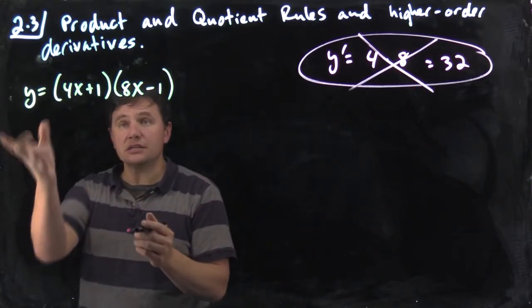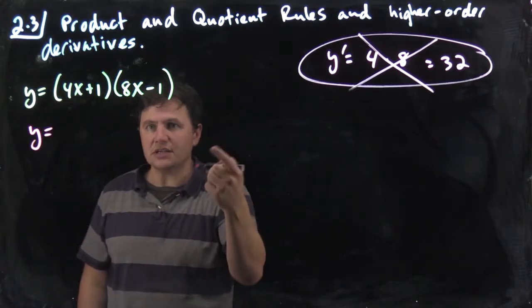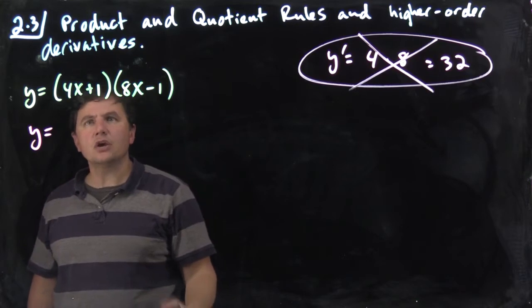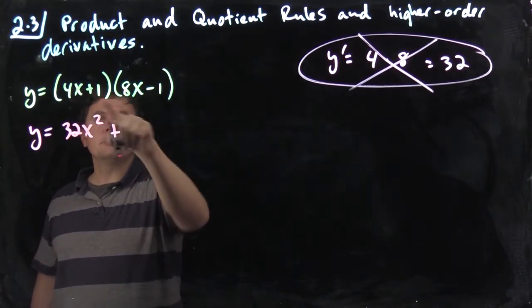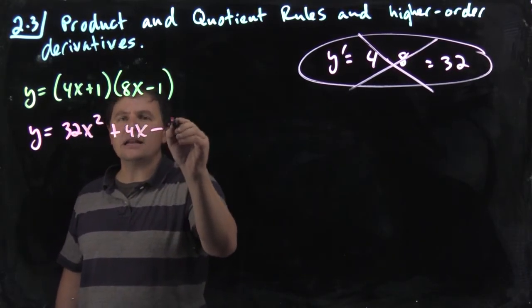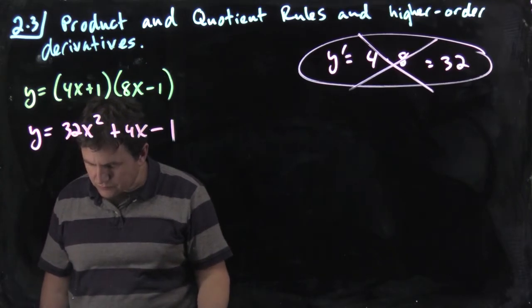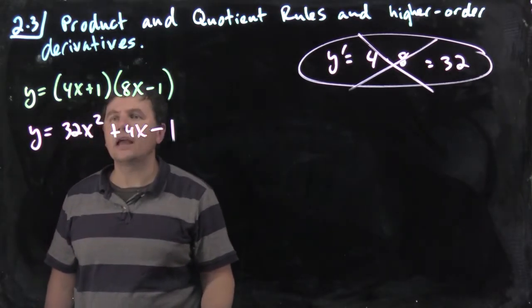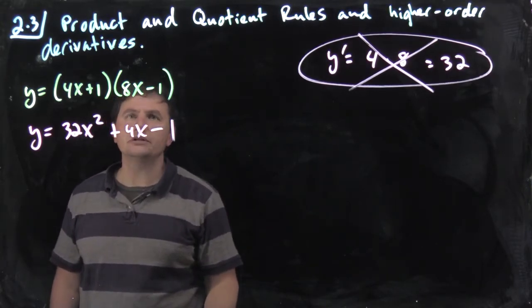This one's easy to see because we can go ahead and simplify this and put this into a form that we can take the derivative of quite easily. So this is going to be 32x squared plus 4x minus 1. Did I do that correctly? I hope so. Looks good.